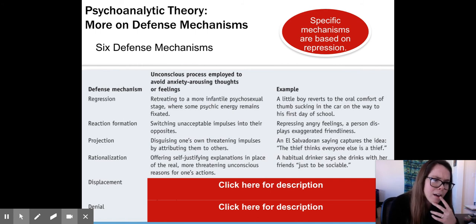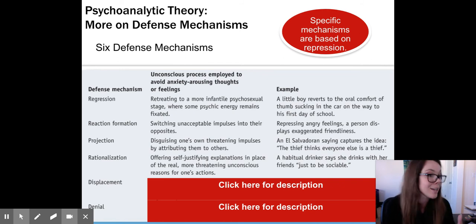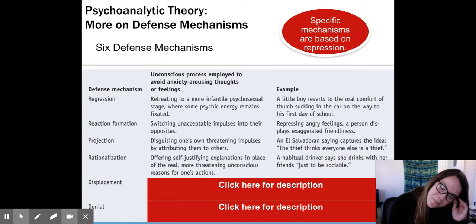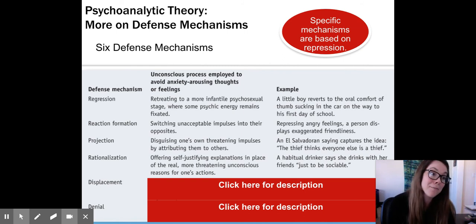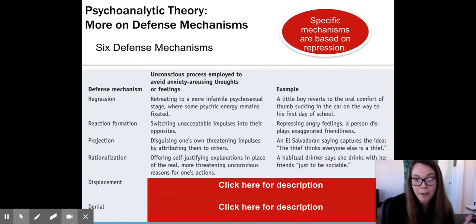Oh, I only have one or two beers by myself, right? So it's all this rationalization that tends to lead to bigger problems or avoiding more unconscious things that are happening, right? So again, it's you justifying to yourself. For me, a lot of the time it's like, I'm justifying why I need a Starbucks when I have coffee at home, right? So rationalization is a very, very common one.